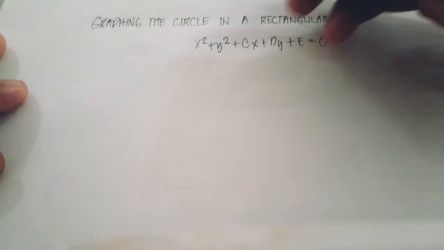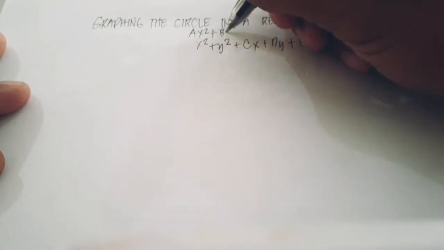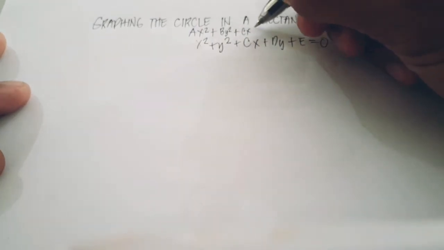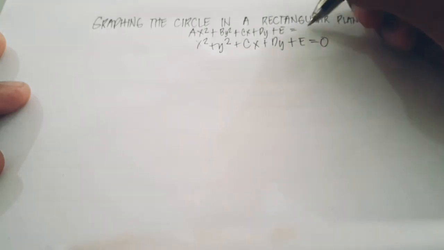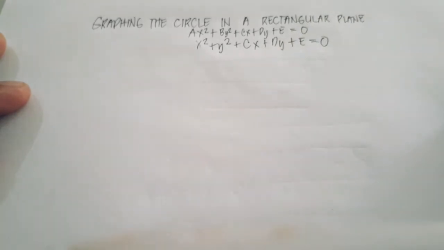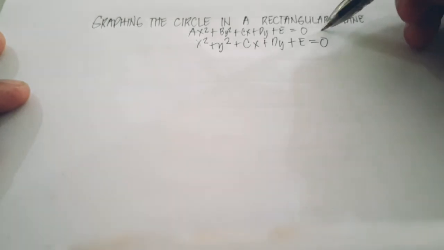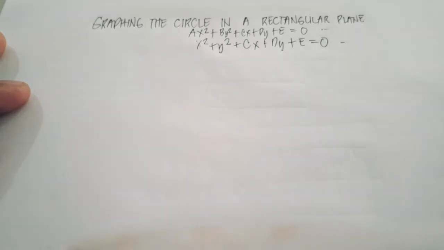So from the general form of the equation, which is ax squared plus by squared plus cx plus dy plus e equals 0, we have this one for the standard form, and the general form of the equation when the center is found at (h, k). So we have this one, or we can choose either one of these.